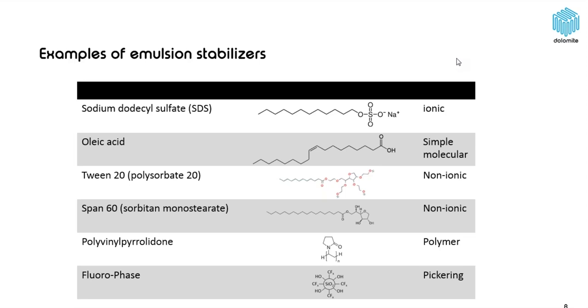Polyvinyl pyrrolidone is a commonly used polymeric stabilizer, and Fluorophase is a stabilizer that we actually manufacture ourselves here at Dolomite. It's an example of a Pickering emulsion, so it is a silica nanoparticle, which is surface functionalized with the pre-existing OH groups that you normally find on a silica nanoparticle, but also with some fluorocarbon chains, which enable it to stabilize water in fluorocarbon oil emulsions.